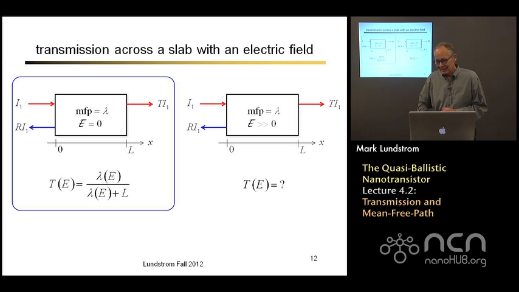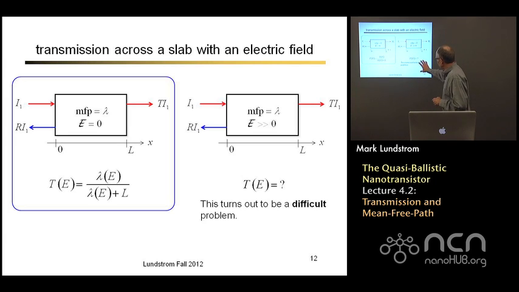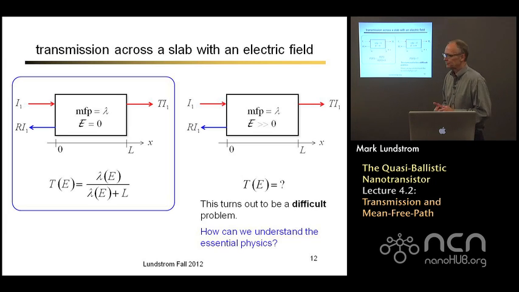high electric field. Here we get into much more complicated problems in transport physics, where people do things like Monte Carlo simulations. So we're going to try to get the gist of what happens here, and get the key physical insight without doing the detailed calculations. So how do we understand that essential physics?